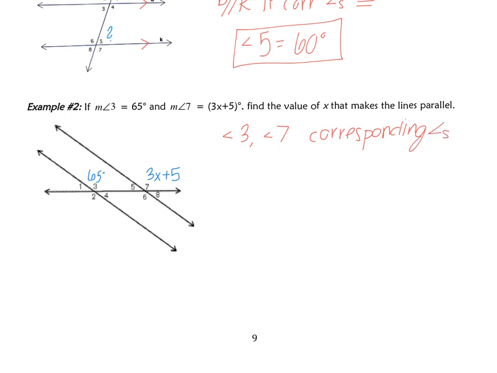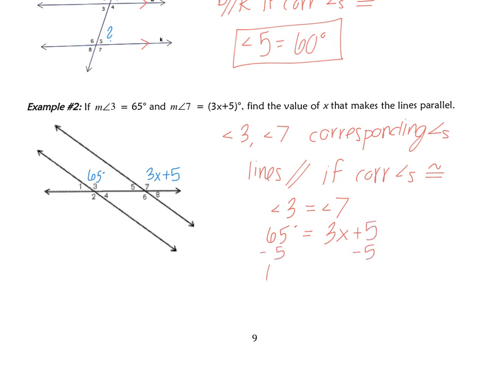Now, the lines will be parallel if those corresponding angles are congruent. I'm saying angle 3 has to equal angle 7. Well, I know angle 3 is 65 degrees. Angle 7 is 3x plus 5. I'm just substituting those values in. Let's solve for x. So x would equal 20. If x is 20, then those 2 lines would be parallel, and I can put in these parallel markings. Okay.